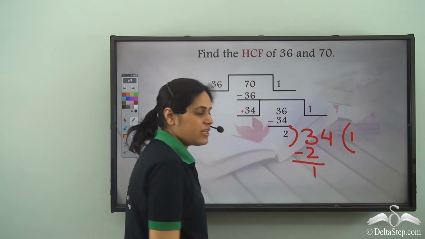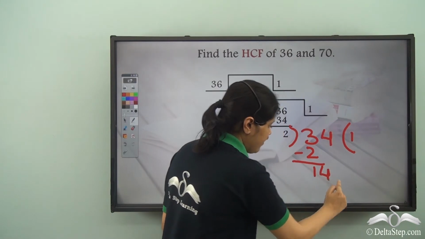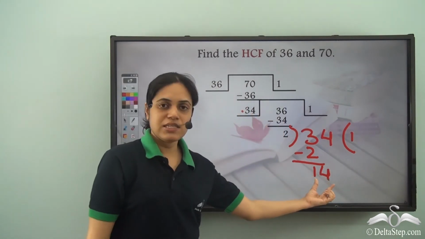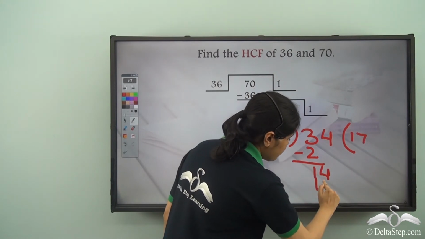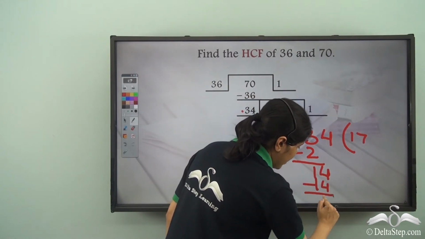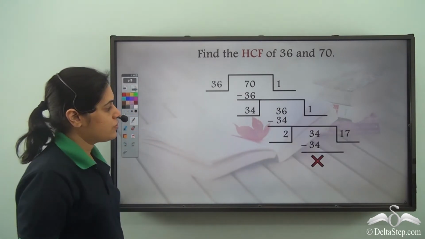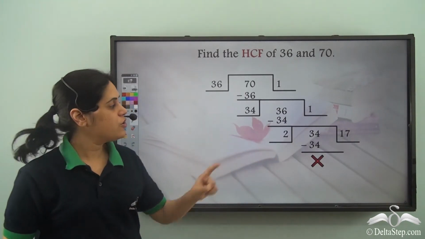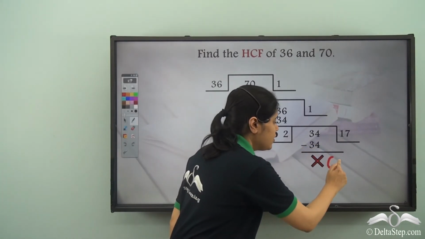I have 1 as the remainder. But remember, this 4 is also left. So this is 14. 2 into 7 is 14. And I get 0 as the remainder. So 2 into 17 is 34 and the remainder is 0.